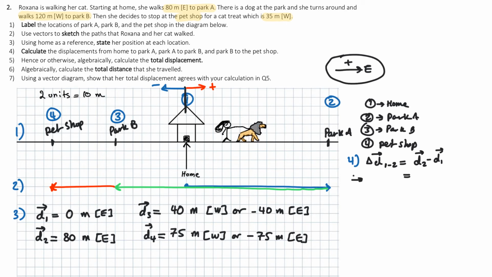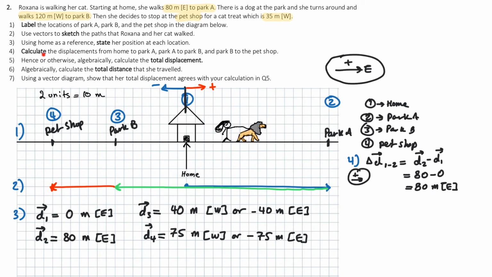And taking right to be positive, I will have position 2, which is 80 meters east. Since it's east and positive, I'm going to leave it positive. Position 1 is 0, so it will end up being 80 meters east.